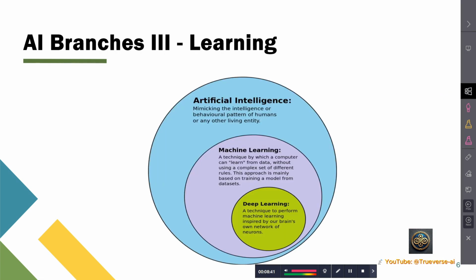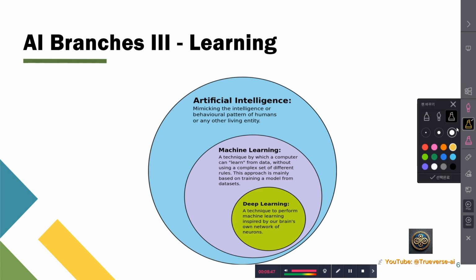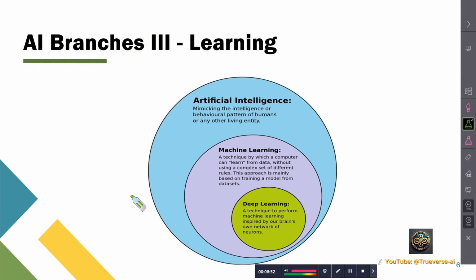Before answering that question, again, I need to remind you that AI is the big zone. Machine learning, which we are going to touch on, is part of AI. So when I talk about, for instance, a decision tree, this is AI.